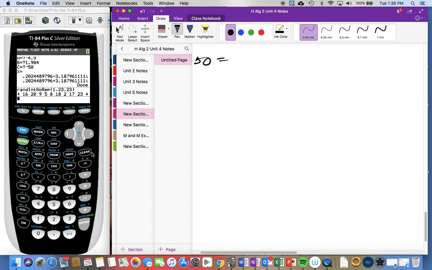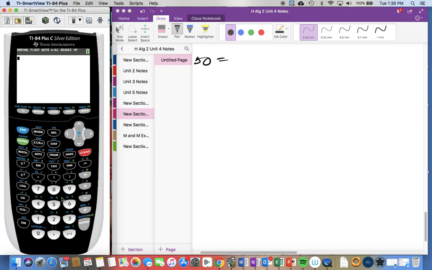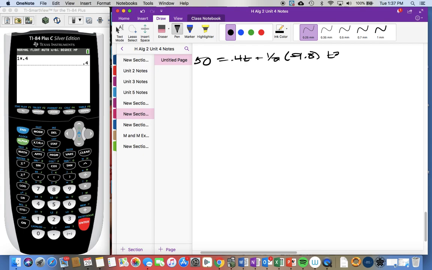Now, remember with belts, you're traveling at a total of 1 meter per second. So if you look at the calculator, what I'm going to do is take that 1 meter per second, multiply by 0.4, which gets you that your initial velocity here is going to be 0.4, and that's going to be in front of t, plus your 1/2 multiplied by negative 9.8 t squared.